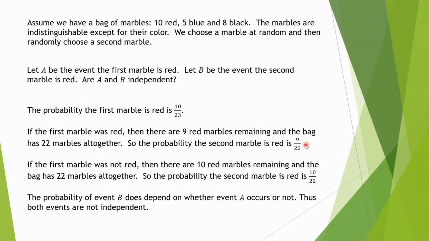What's the bottom line? The probability of event B does depend on whether event A occurred or not. If event A occurred, this is the probability of event B. If event A did not occur, this is the probability.